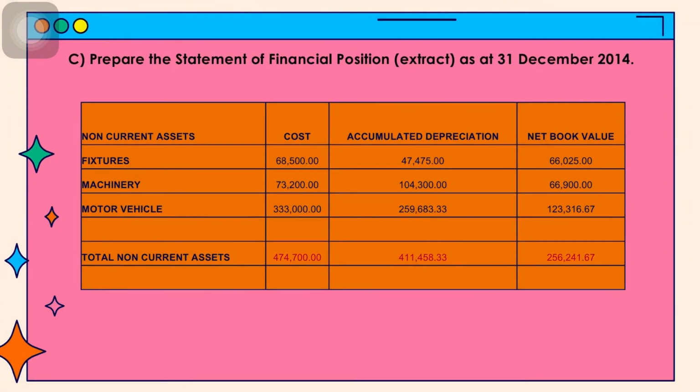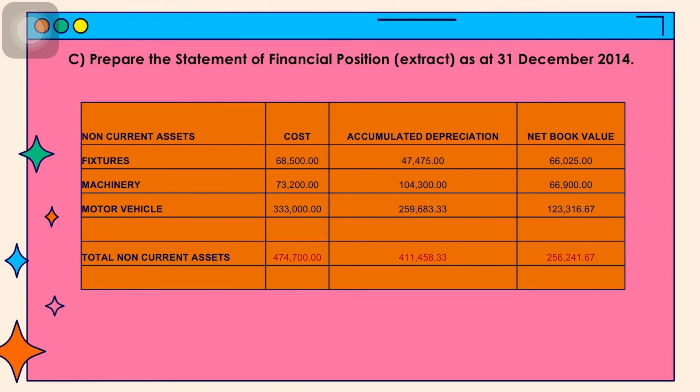C. Prepare the statement of financial position as at 31st December 2014. For the SOFP, we need to total the cost, accumulated depreciation and net book value for both existing assets and new assets.